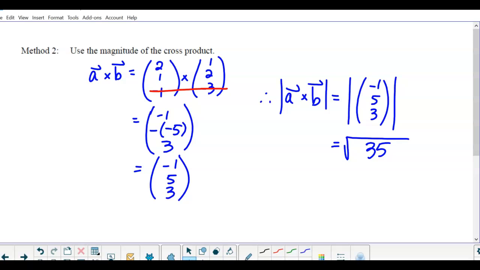Area of a parallelogram defined by those vectors. So that means those are two sides of the parallelogram. Okay, and if it's a parallelogram, there'll be parallel sides to those vectors. Okay, so think of the formula for area of a parallelogram is base times vertical height.